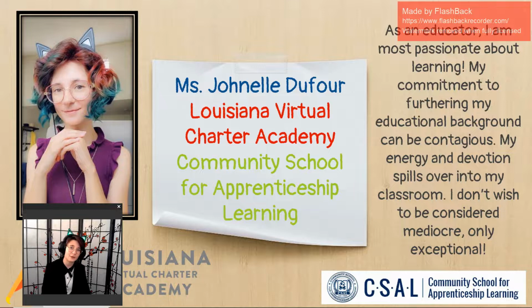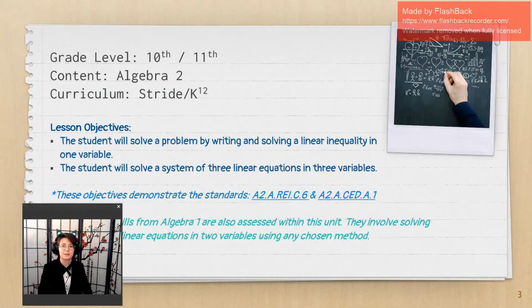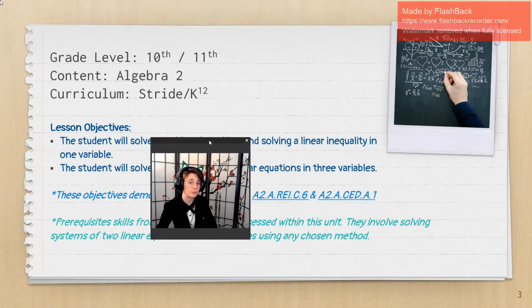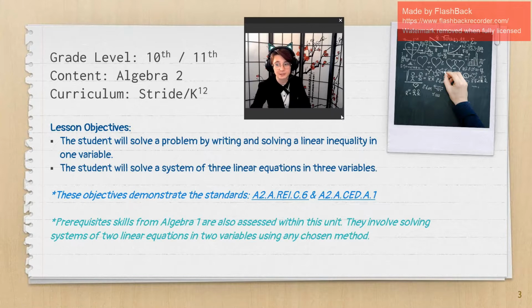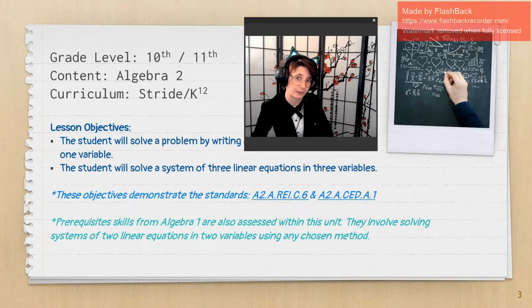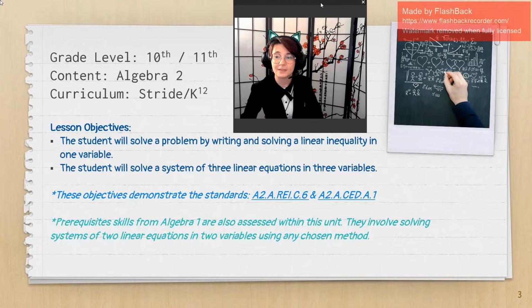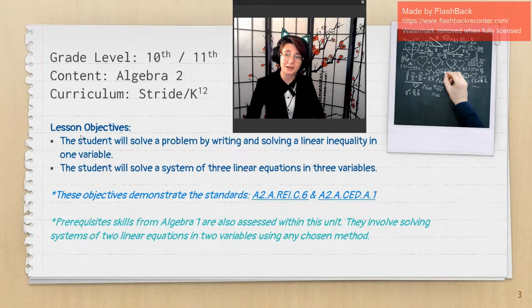Now, the lesson you're going to see today is based off a 10th and 11th grade class, and specifically my Algebra 2 class. The curriculum we use for this course is the Stride K-12 powered curriculum. And within this lesson, we did only 2 objectives. It was a very short unit.